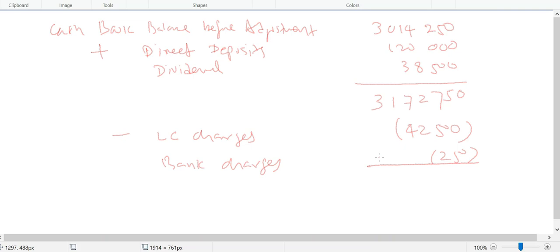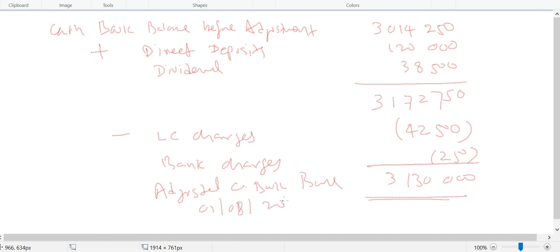So that will be 3,130,000. So this is the adjusted cash book balance as of 1st August 2015.